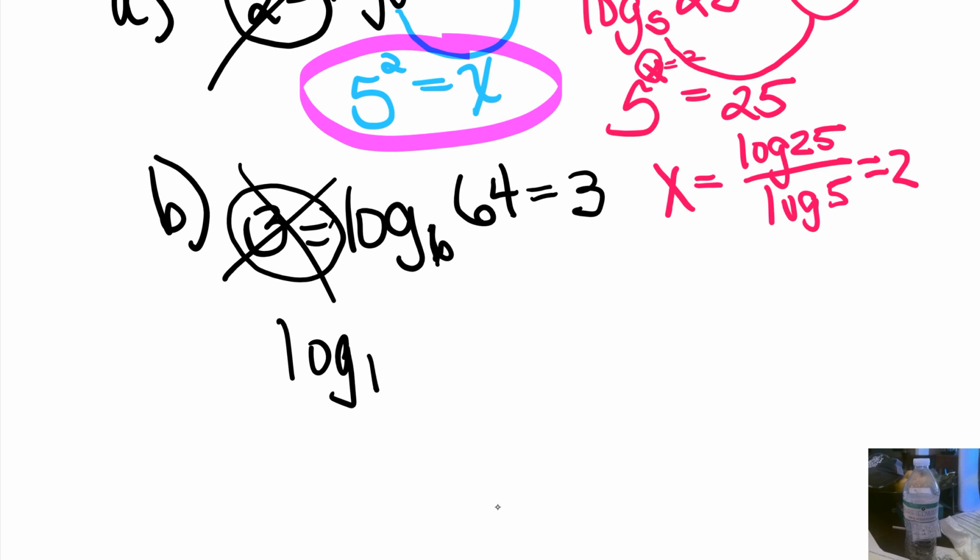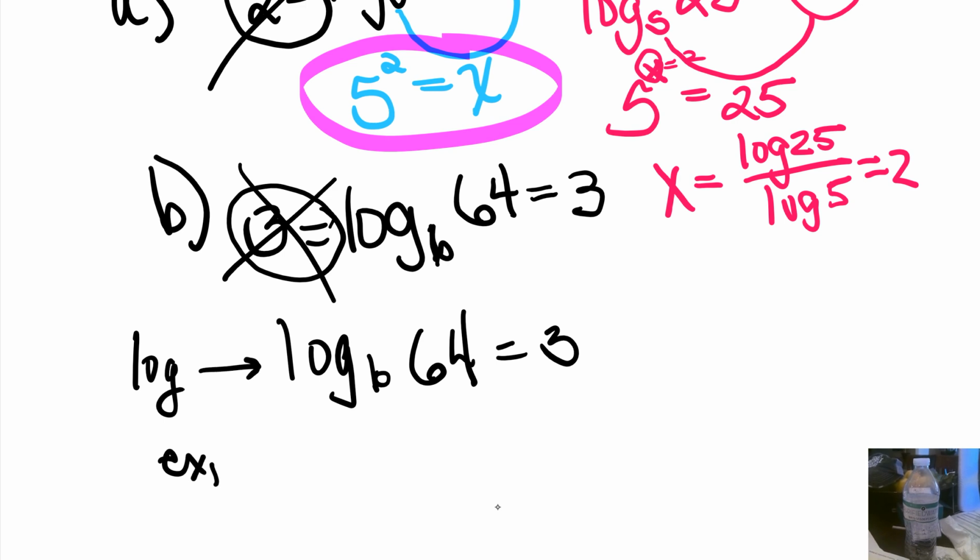So I have log base b of 64 is equal to 3. So again, this is logarithmic form, by the way, and now I'm going to change it to exponential. I'm simply going to say b to the 3rd power is equal to 64. So that means that b is equal to 4.